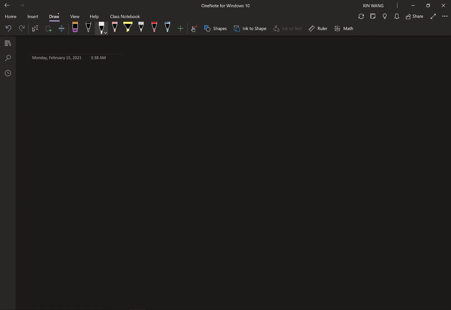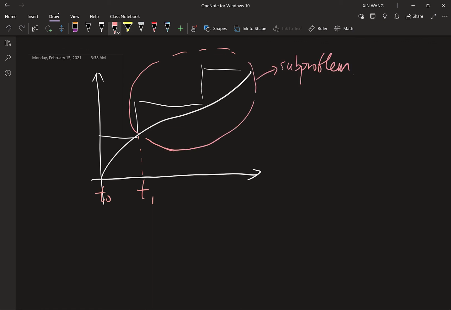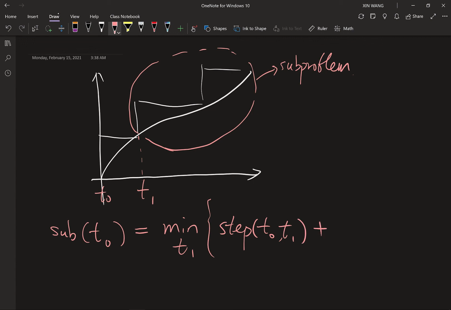Recall that in the previous problem, we can decompose from T0 to T1, and then we have a subproblem at T1. So our subproblem from T0 can be written as the Bellman equation: minimize over T1 the one-step cost from T0 to T1, plus the subproblem from T1.